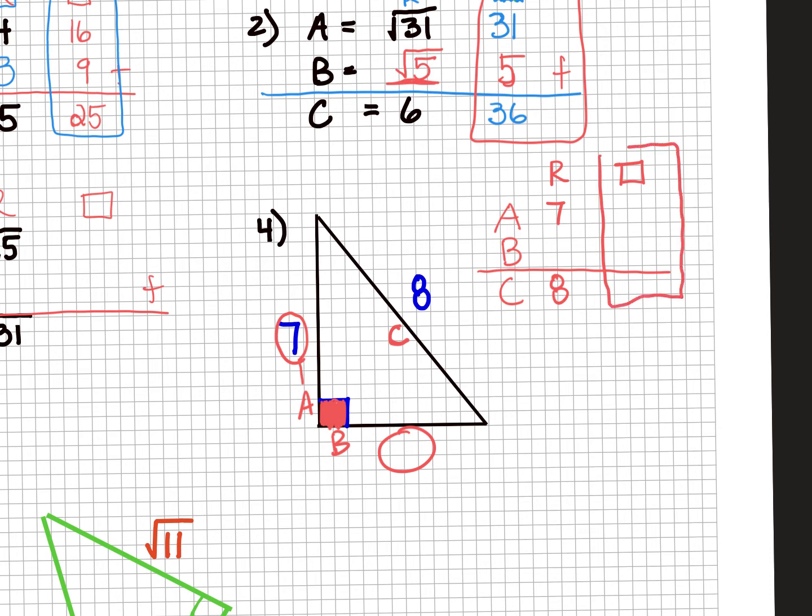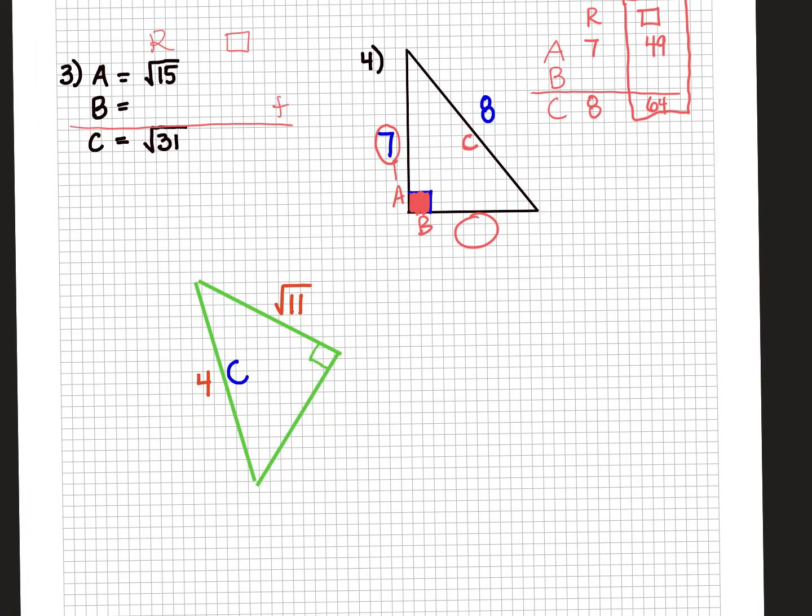So we're missing the B. So let's see. 8 squared is 64. 7 squared is 49. What am I missing? And then take the square root of that. Okay. And can you do the same thing over here? Can you make an ABC chart?